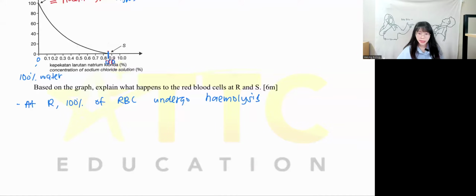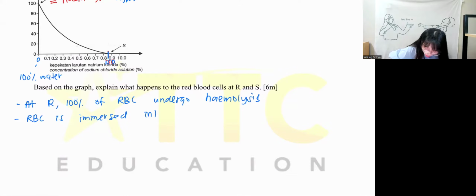Yes, in AC, anything that is more than 4 months is AC already, actually. Undergo hemolysis. Second sentence, you're going to talk about the hypotonic, right? So you're going to say the red blood cell is immersed, because they didn't give you any percentage over here, is immersed into a hypotonic solution.